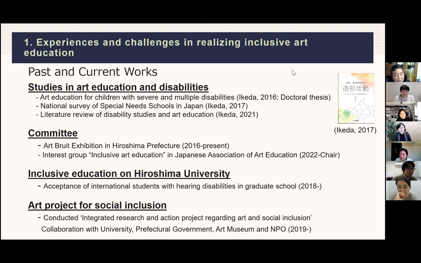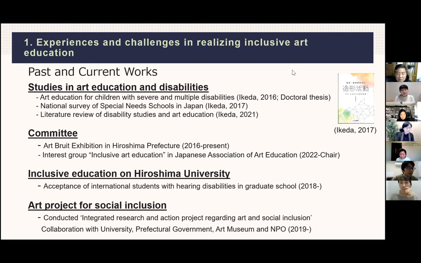In terms of committees, I have been a member of the exhibition board of the Art Brut exhibition in Hiroshima Prefecture since 2016. And I will be the chair of the interest group, Inclusive Art Education, in the Japanese Association of Art Education till April 2022. In terms of inclusive education at Hiroshima University, acceptance of international students with hearing disabilities in graduate school.